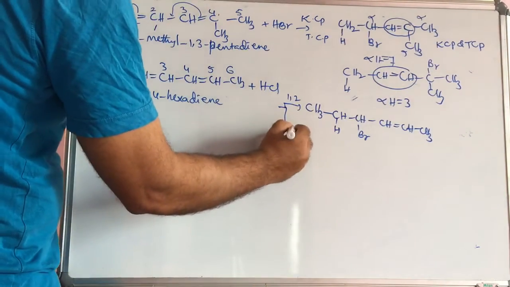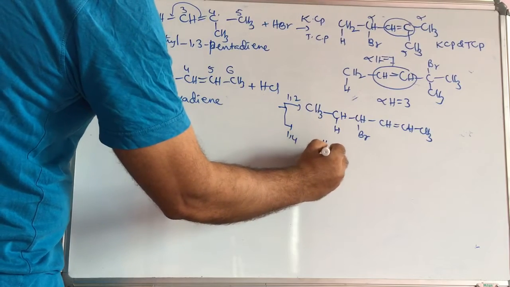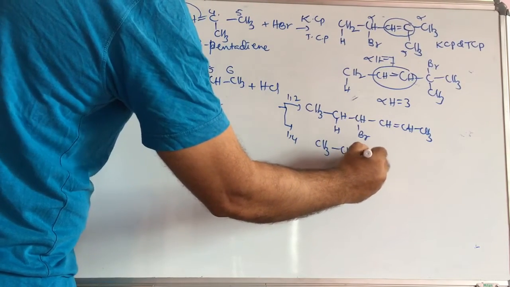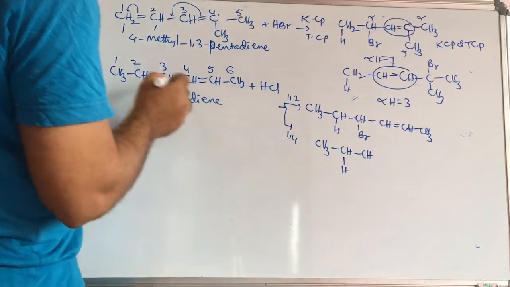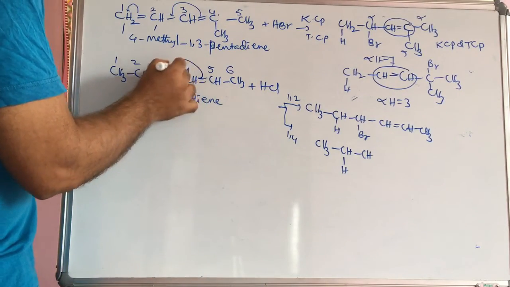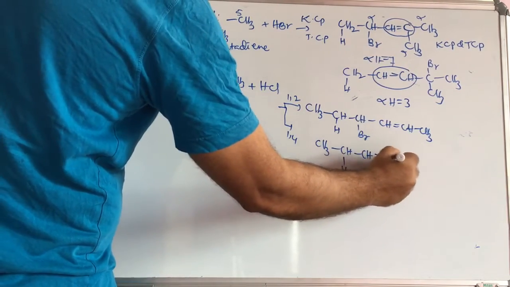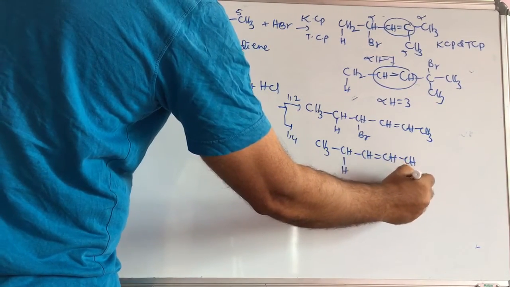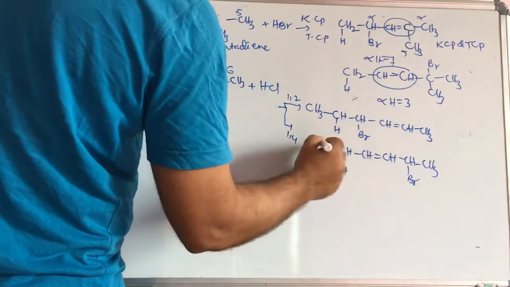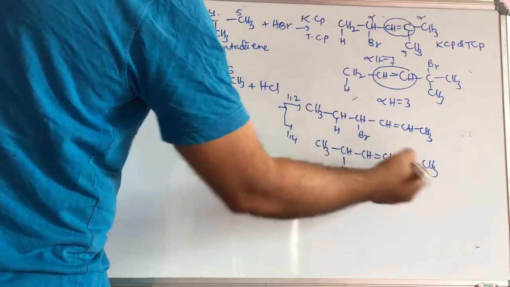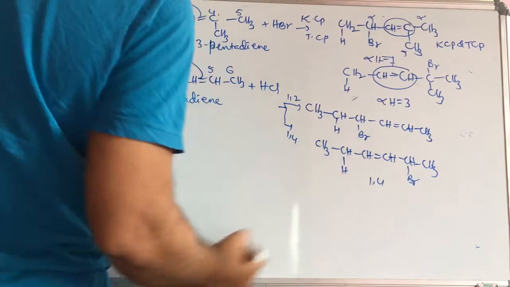If you take the 1,4 product, CH3, CH, H, CH, then this double bond comes to here, and we will get double bond CH, CH, Br and CH3. 1, 2, 3, 4, the 1,4 position is there. This is the 1,4 product.